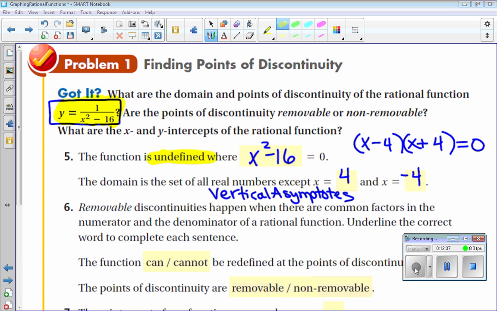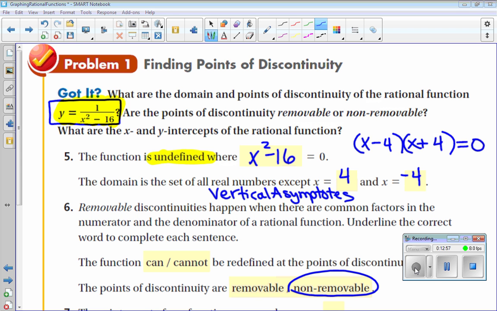Vertical asymptotes happen where the denominator equals 0. Sometimes you have to factor it in order to figure out where those are, which is what we had to do here. Okay? They are non-removable, which means they're asymptotes. They do help us tell what the domain is, okay?